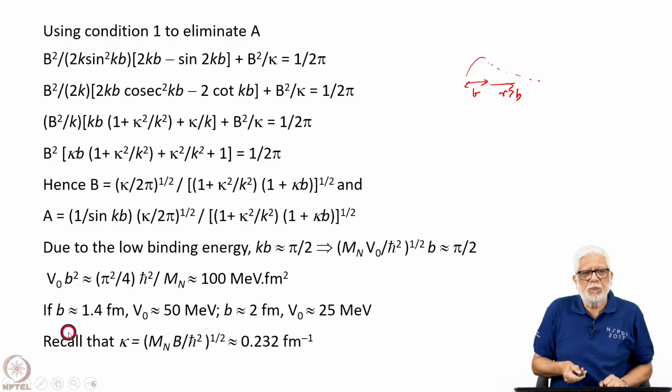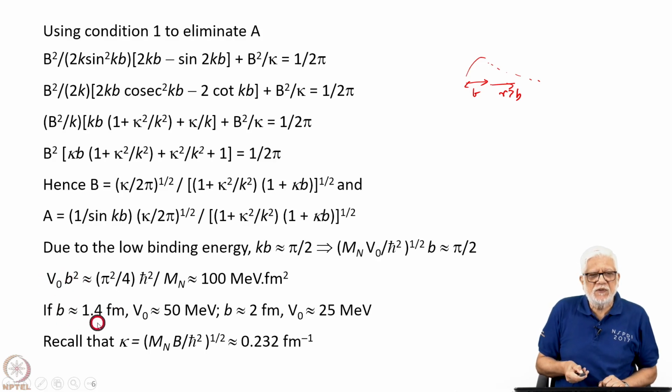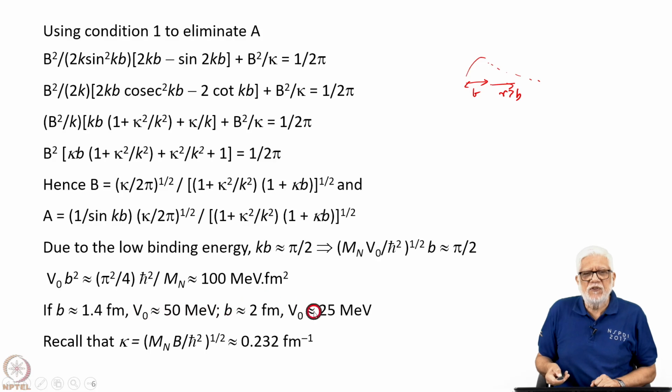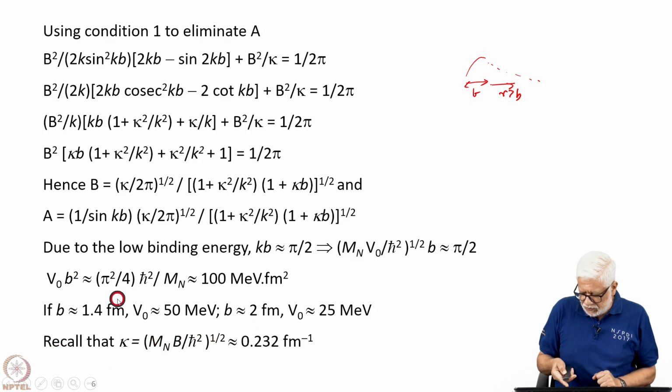For instance, if you took b to be about 1.4 Fermi, which is kind of the pion Compton wavelength, then V0 turns out to be 50 MeV. If you take b to be 2 Fermi, then V0 turns out to be 25 MeV because of the square dependence on b squared. And you might recall that this kappa, because the binding energy is known and the nucleon mass is known, comes out to be about 0.23 Fermi inverse.